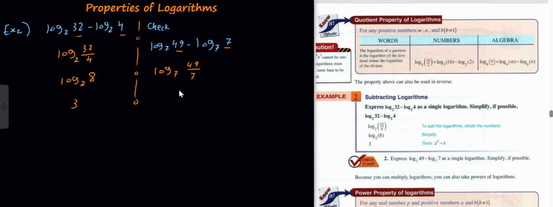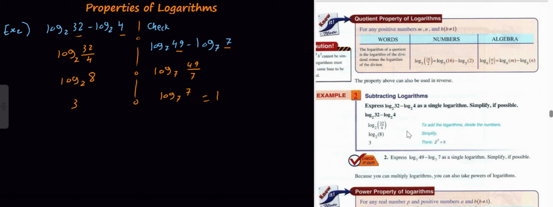So 49 divided by 7 is 7. It will be log base 7 of 7. We have a note: if the base and this number are the same, the result will be 1. That's it. This is the quotient property of logarithms.